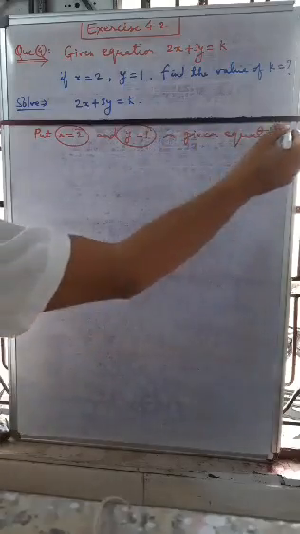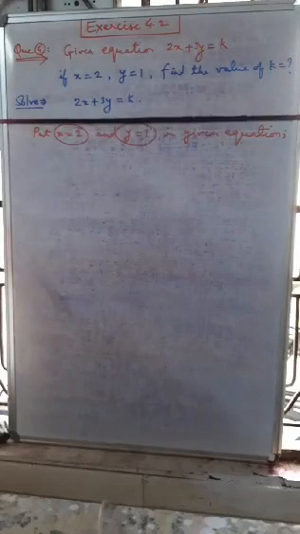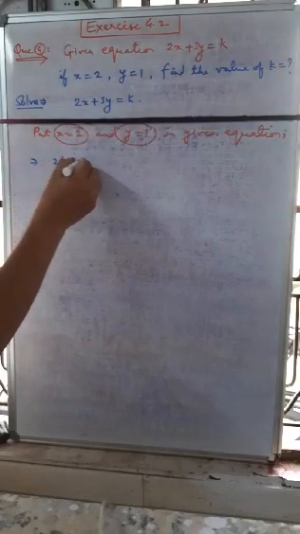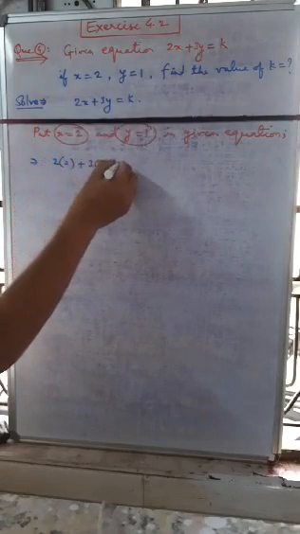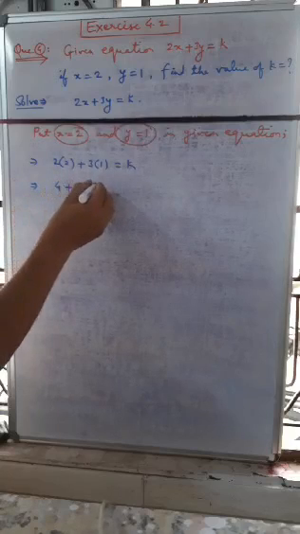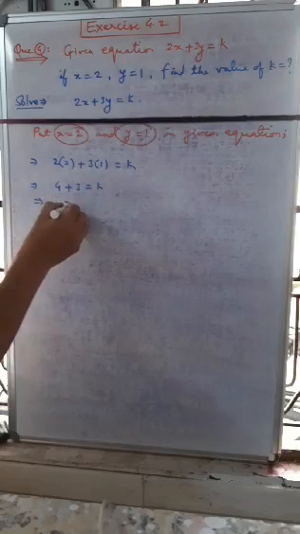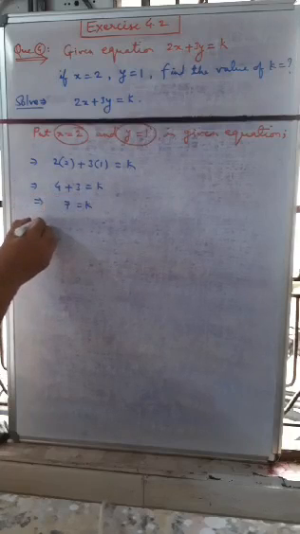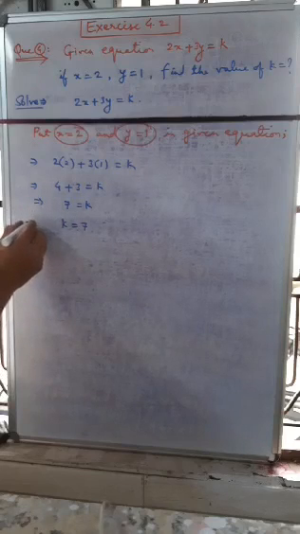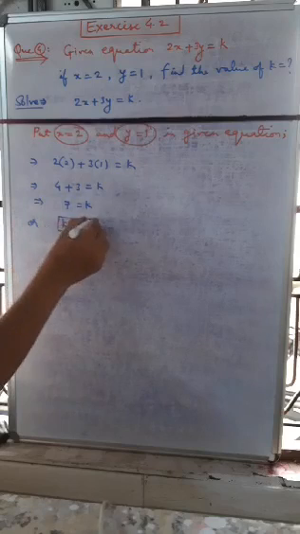So put here, 2 into 2 plus 3 into 1 is equal to k. So 2 2s are 4 and 3 1s are 3, is equal to k. That means 7 is equal to k, or we can write k is equal to 7.